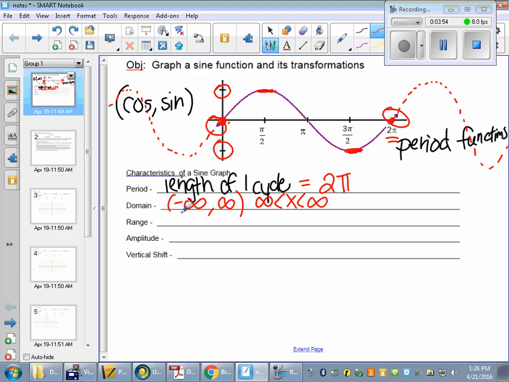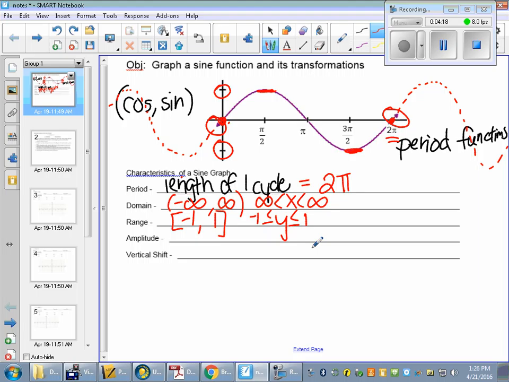So to describe our range, we will always use two brackets because it actually hits both of the upper and the lower values there. So with our inequality notation, we use the letter y because range is y's, and it's in between -1 and +1, and we do put the lower number first and the bigger number second.